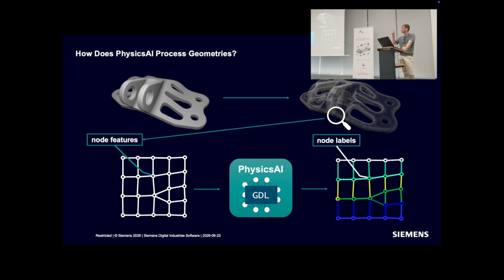We feed this data into Physics AI, and then we train it, and Physics AI learns to predict the node labels, which basically can be any result type that exists in our result files, meaning stress contours or displacement contours or deformation for structural cases, also pressure, velocities for CFD cases, and so on.